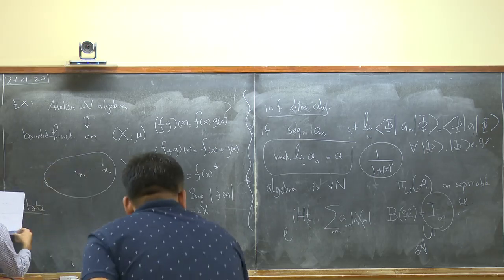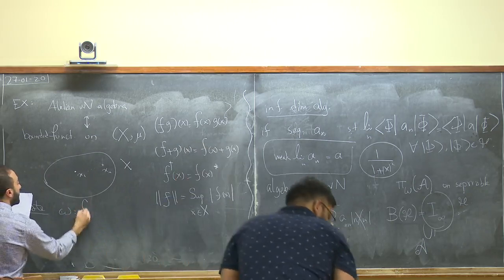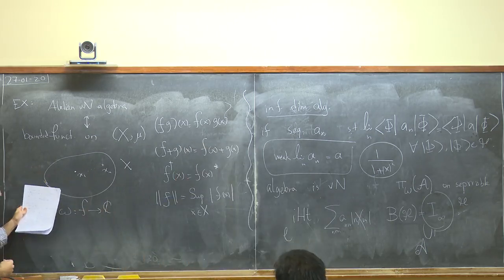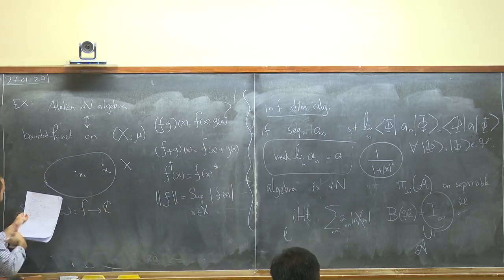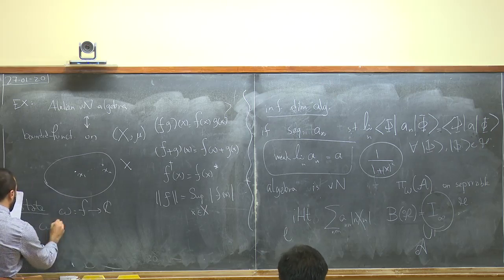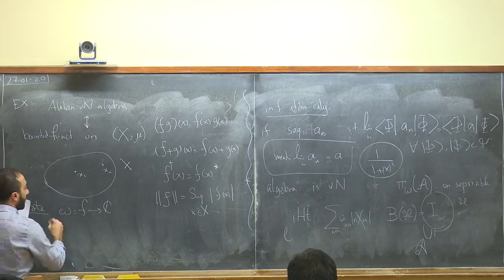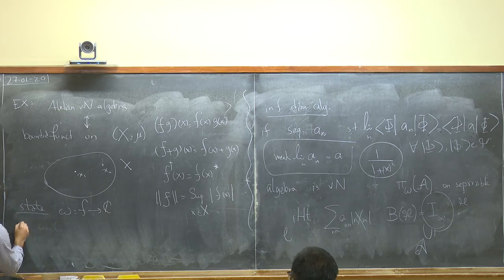Now, what is a state? A state is a linear map from this algebra of functions to complex numbers, right? For instance, a state is basically a probability measure.